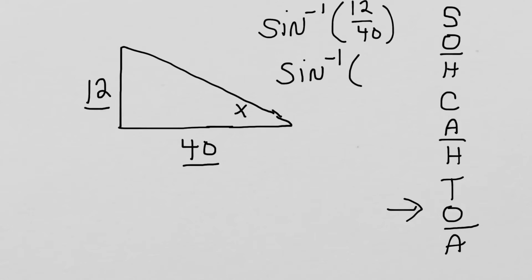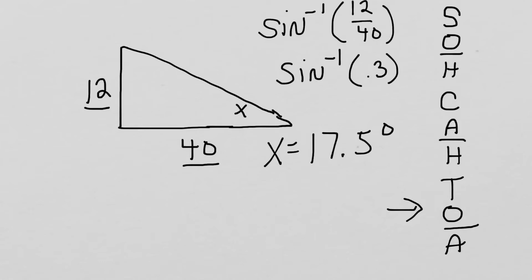With the 0.3 still on your calculator, just hit your second button, because you're going to want the inverse function, and then just hit it. It's going to give you 17.5. That's the degrees of x.